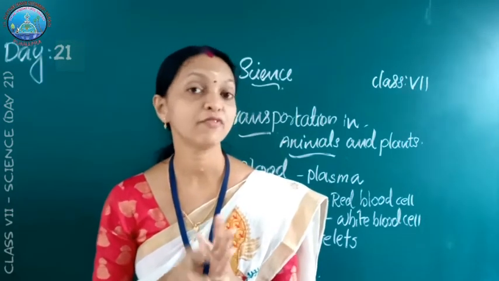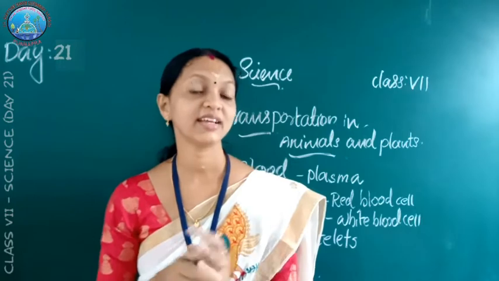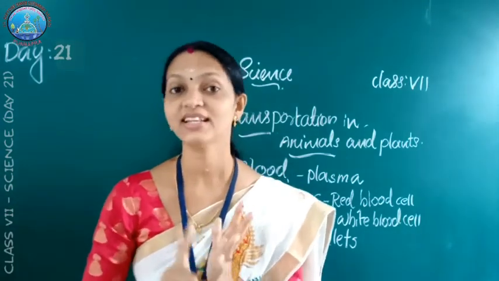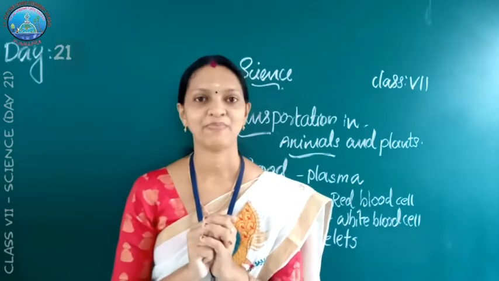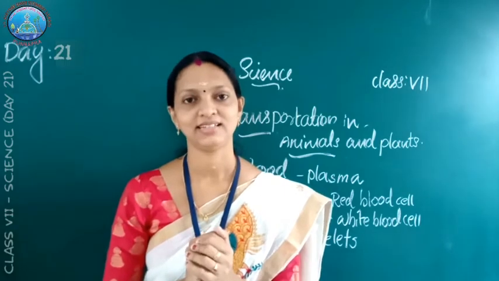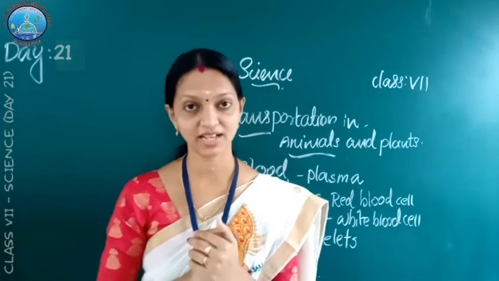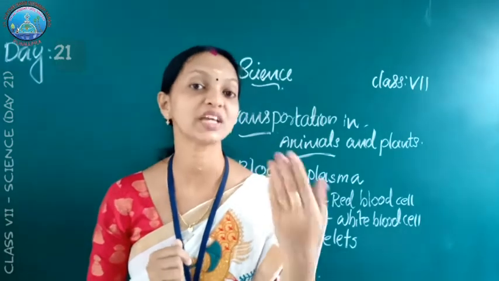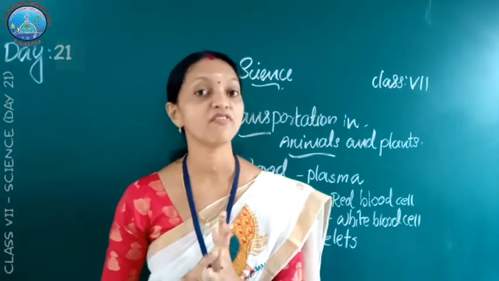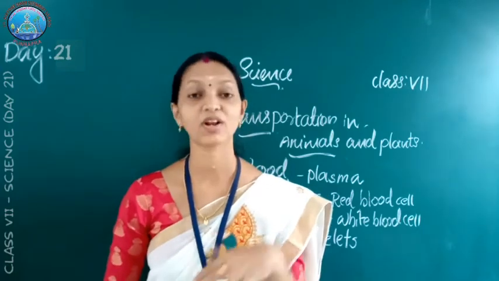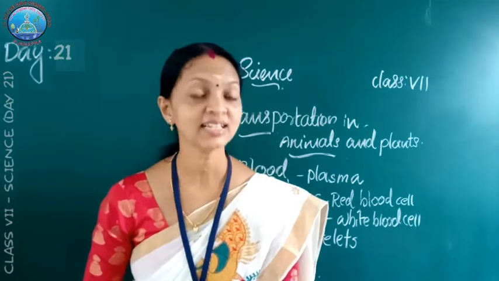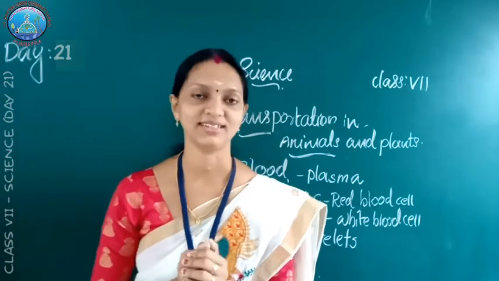Blood contains a fluid part called plasma, and there are three components present in our blood: RBC, WBC, and last one platelet. RBC contains the red pigment hemoglobin. Hemoglobin carries oxygen from the lungs and also gives red color to blood. Second one WBC fights against germs or harmful microorganisms that enter our body. Last one platelet helps in the clotting of blood.